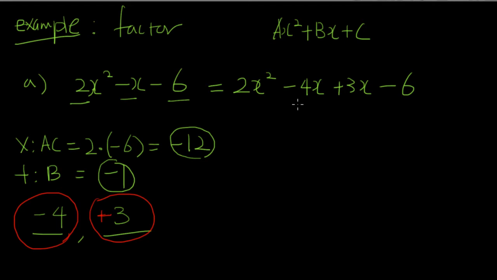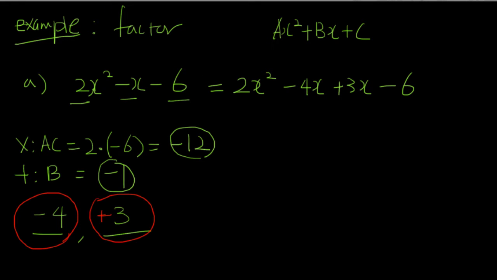Now, you could have written 3x first and negative 4x. But when you group them and try to factor again, that tends to be a little bit more confusing because you have to deal with the negative in front here and all that. So it's better to write the negative number first.